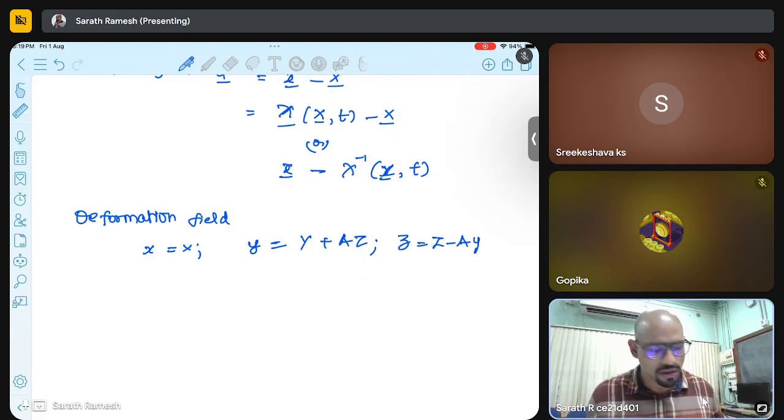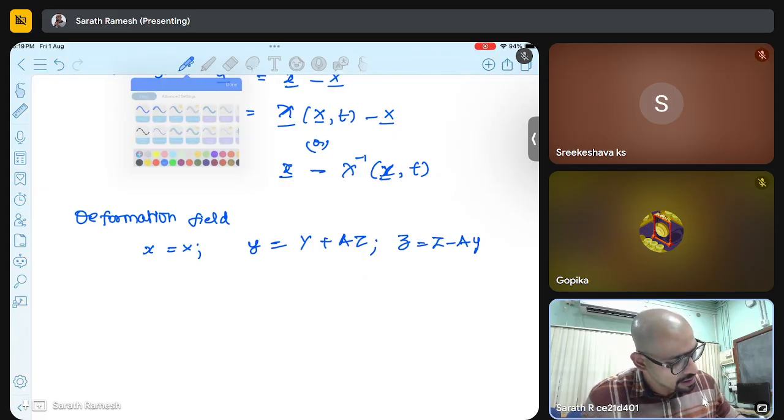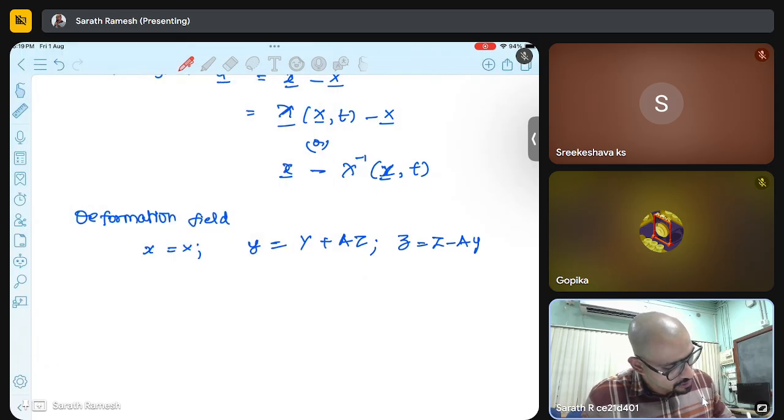Now, what they are asking in question number one is to find the displacement vector components in material form and spatial form.